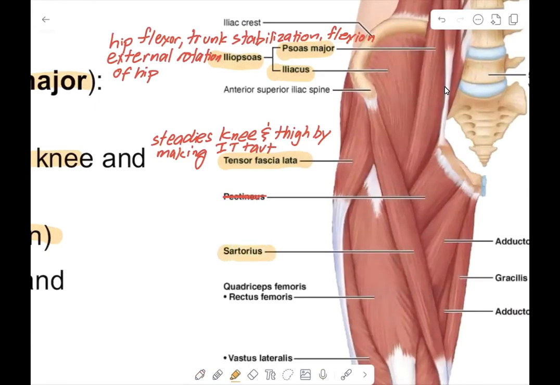The sartorius is a really long muscle, and it's a special muscle because it actually crosses at two joints. It's going to flex as well as abduct and laterally rotate the thigh.